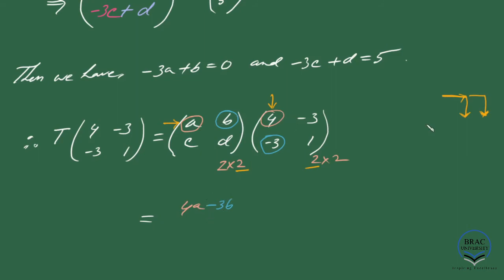Now this is the first operation that I've done. This row hits this column. Now this row has to hit this column as well. Each of these rows will hit each of these columns. That's the key idea. Now this row will hit this column.